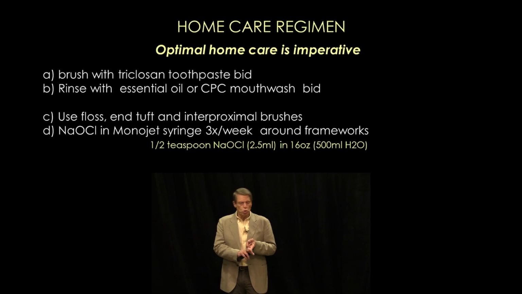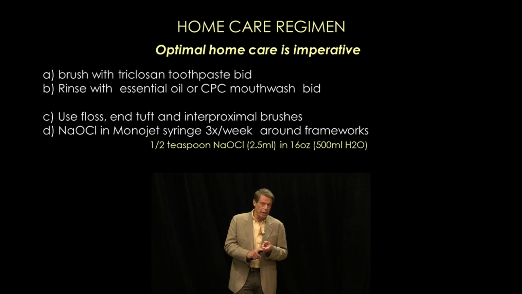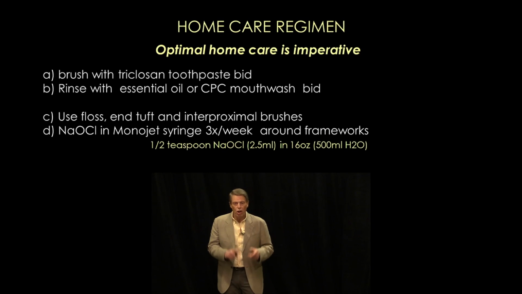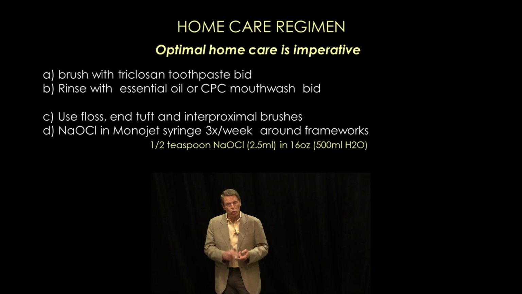So they're going to brush with triclosan toothpaste twice a day, with one of the brushings right on the implant where the inflammation is, and one of the brushings right before they go to sleep at night, because salivary flow is reduced when they sleep, and bacteria tend to multiply more at that time.